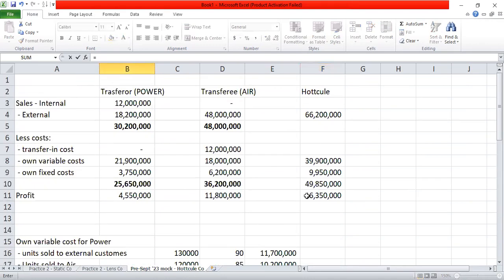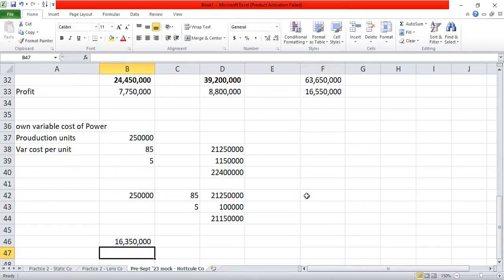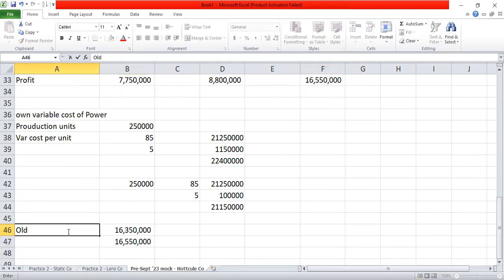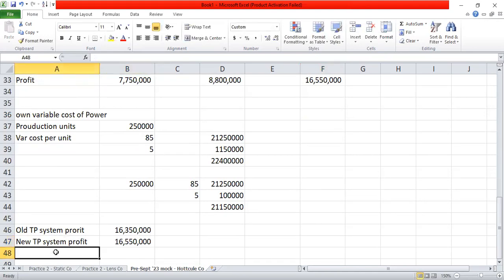Old transfer pricing system profit, new transfer pricing system profit. I see increase in profit.